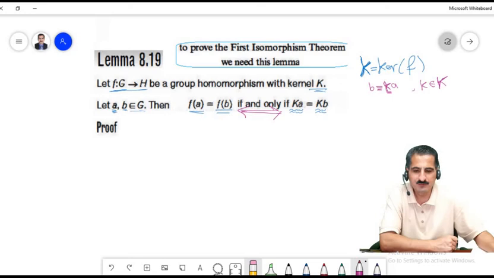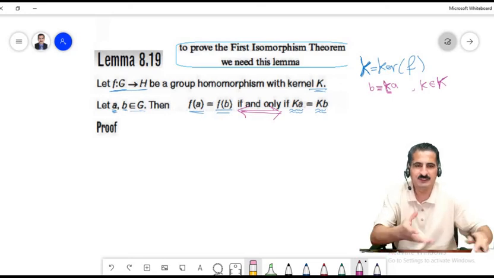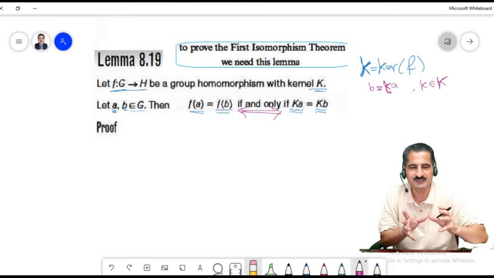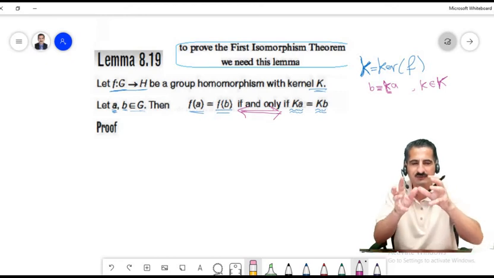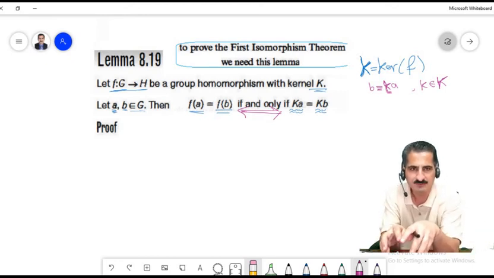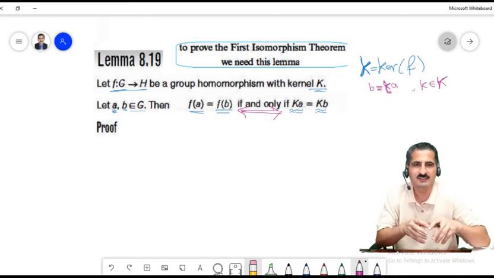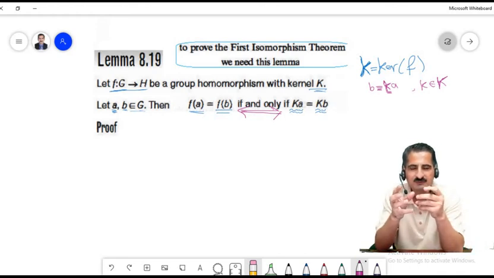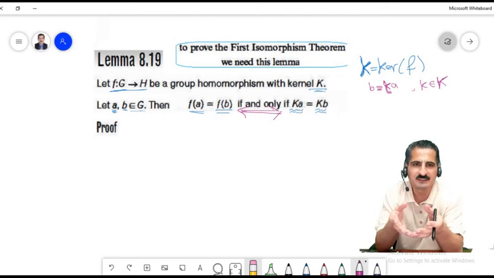When we put B inside F, F is a function, it is a shuttle that takes B to its image. It is the same as taking ka, because B is ka. When we go inside F, the small k will disappear because it goes to the identity.